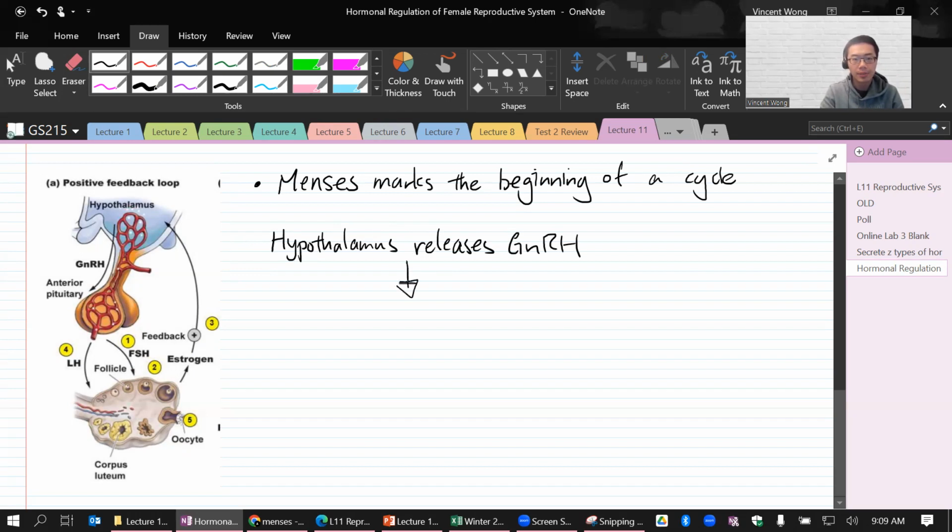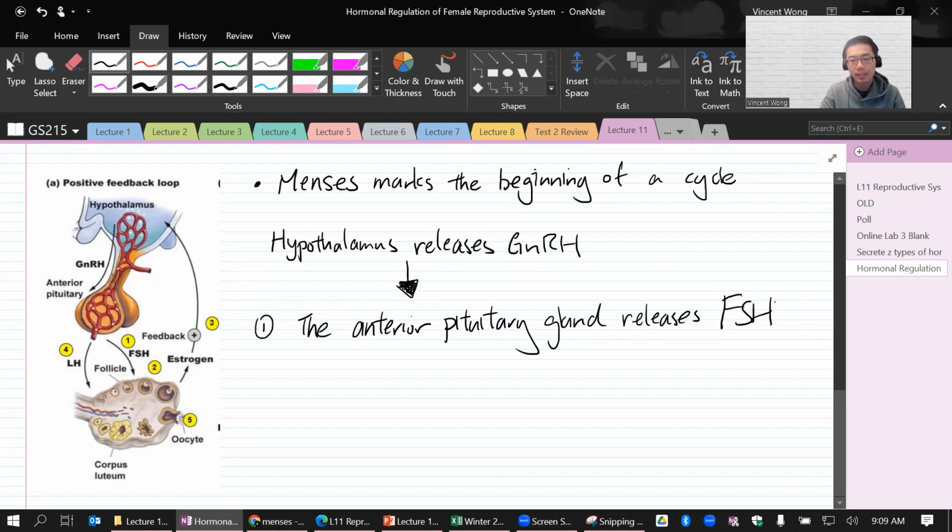And then what happens? Well, GnRH is the green light for the anterior pituitary gland to release FSH and LH. So following the release of GnRH, number 1 here, the anterior pituitary gland releases FSH, and actually LH as well, but not as much.